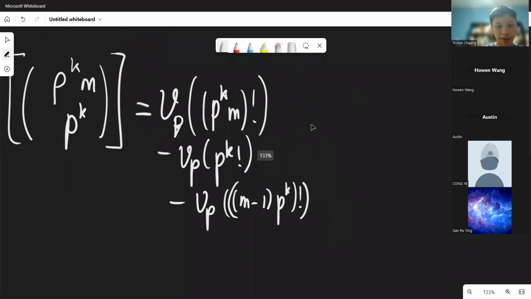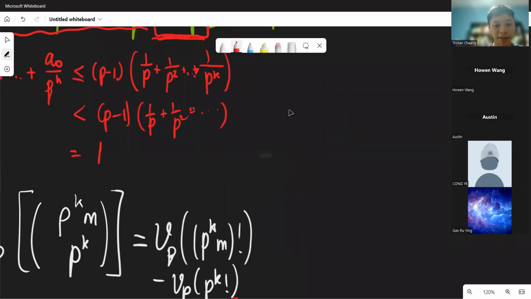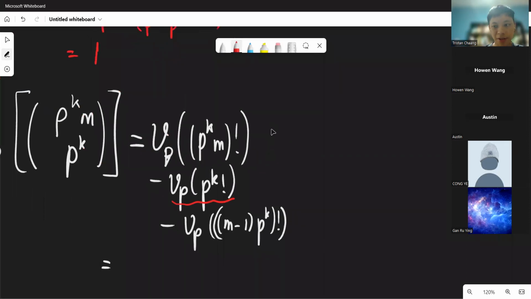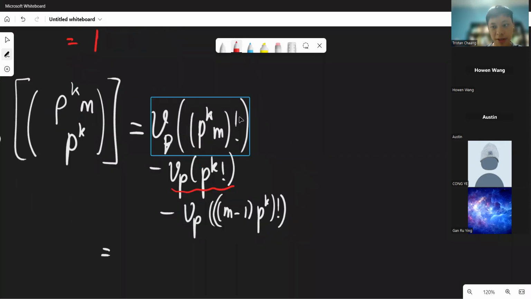Okay, so how do we compute this? The term in the middle, that one's quite easy. Anyone can tell me what this is? You can use both formulas above there, but I think the shorter version, the one with the sum of digits, is much easier. So I'll just write down the other two terms first.